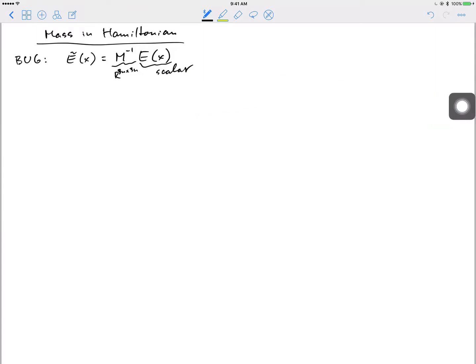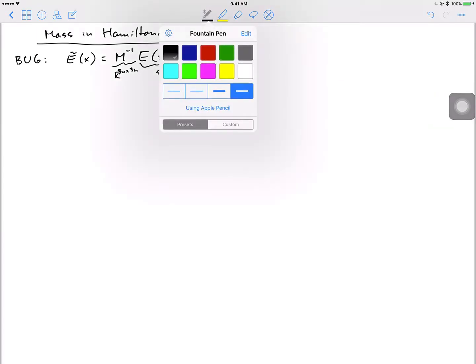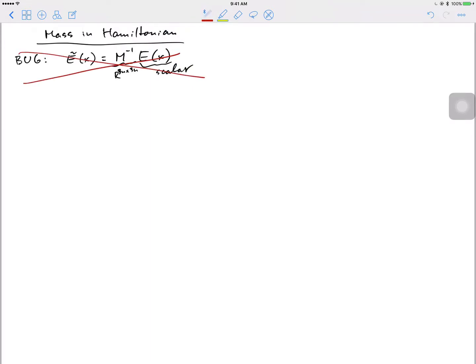So if you actually want to introduce mass, this is wrong. If you want to do it right, and that's how it's usually done in analytical mechanics, you use the following trick. You replace v with p, which is M times v, okay?